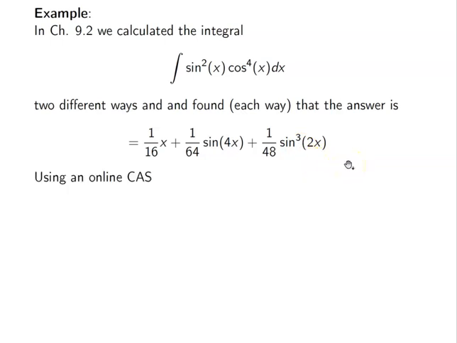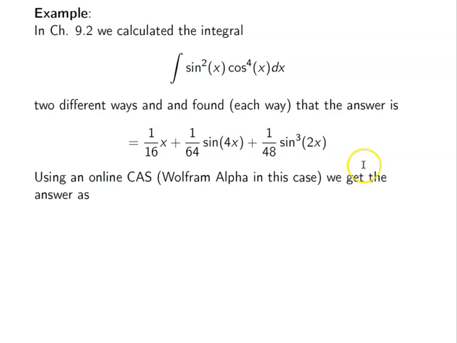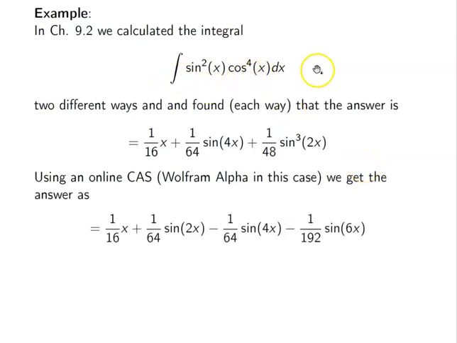If we used an online computer algebra system or one that we downloaded, in this case, I'm using Wolfram Alpha, the answer to this integral when I plug it in is 1/16 x, that's the same. 1 over 64 sine of 2x, which is not the same, minus 1 over 64 sine of 4x minus 1 over 192 sine 6x. So there's lots of difference here. There's no cube term.